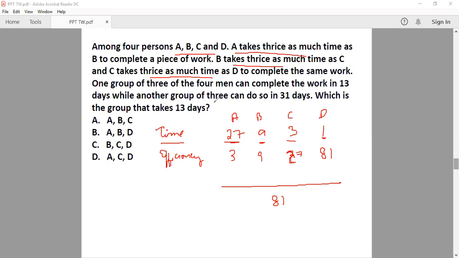Now tell me, you are given that one group of the 4 men can complete the work in 13 days. If one group can work in 13 days, can you tell me which group it would be?